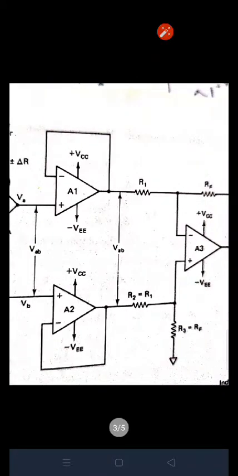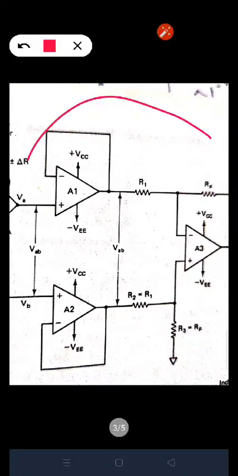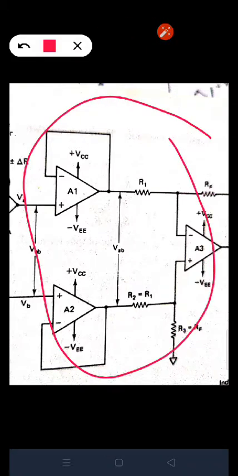The voltage followers precede the basic differential amplifier, and this helps to eliminate the loading of the bridge circuit.